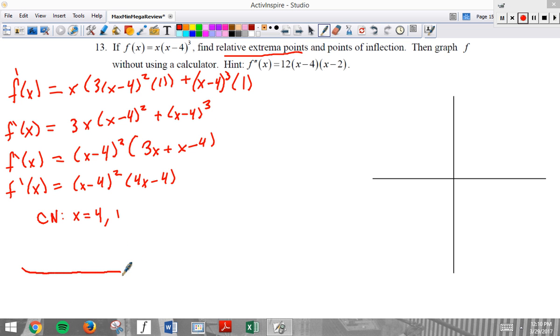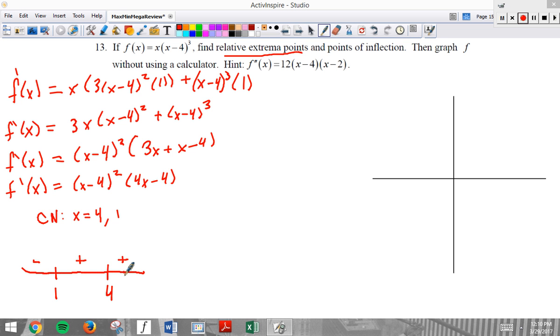Number line. 1, 4. 0, really easy to test. Give me a negative number. This guy's always positive, okay? That's what I'm doing. So it's only affecting here, positive, positive. If the sign's only being affected by this portion, then we just have to test on either side of 1.